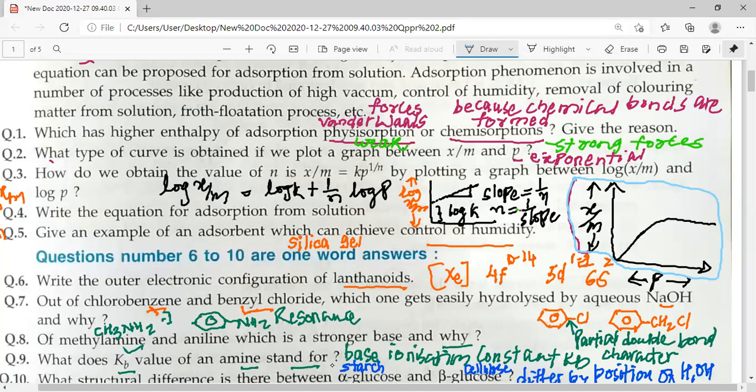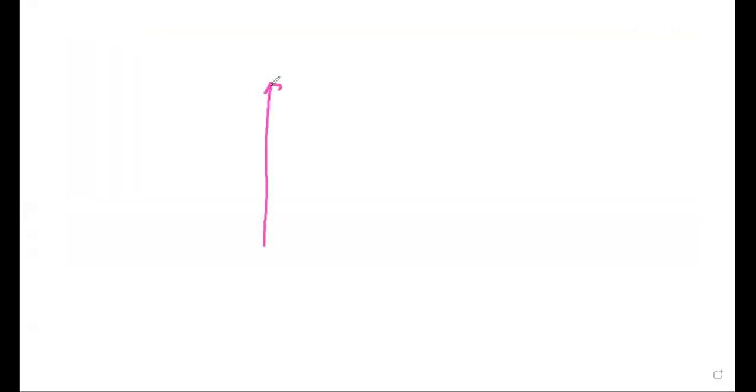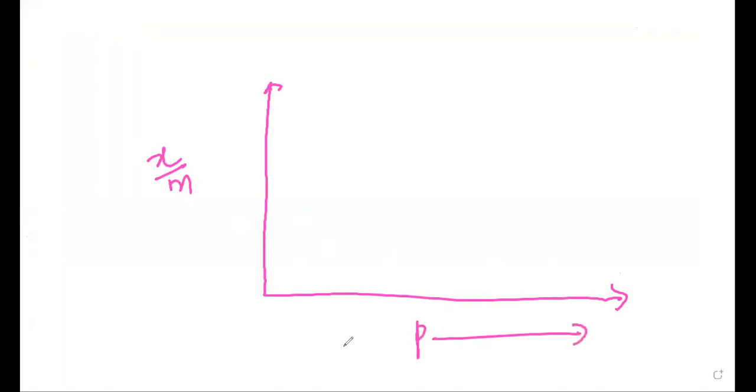In this graph, we really look into what we understand. Let us pay attention, my dear students. So if we take x by m on the, can you see what I'm drawing? Yes, sir. Okay, thank you for reply. So this is how it goes.